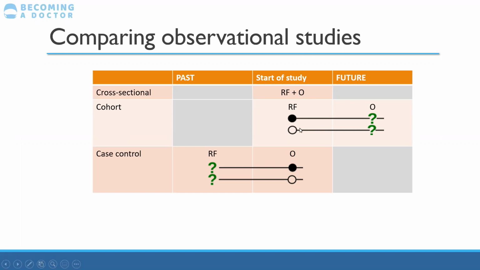So with the cohort studies, you're collecting information about the risk factors at the start of the study and looking at outcomes in the future. And with the case control, you're capturing a population and looking at outcomes at the start of the study and looking back at risk factors.